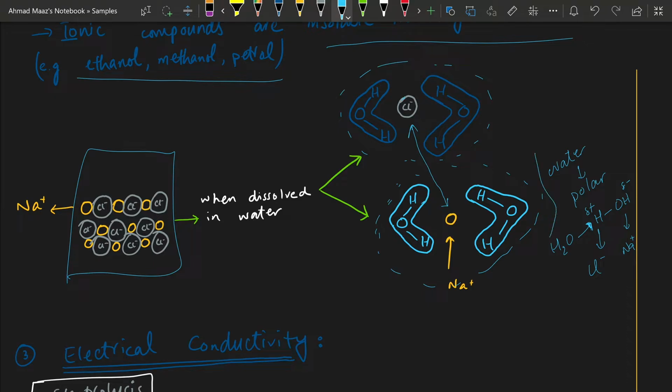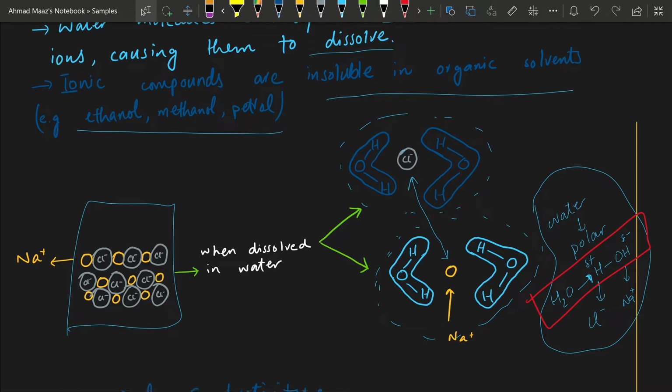This is a brief summary of what actually happens, but for now you just need to know that water is a polar liquid, which is why it can dissolve these ionic compounds, which is why it can separate these ionic compounds into their ions. And so these ionic compounds are hence dissolved in water.